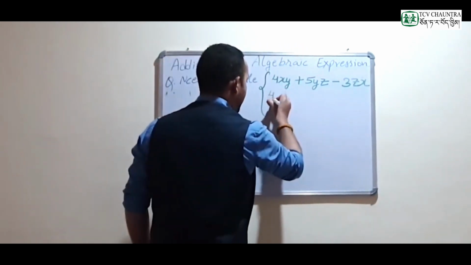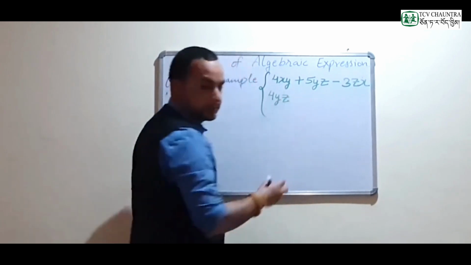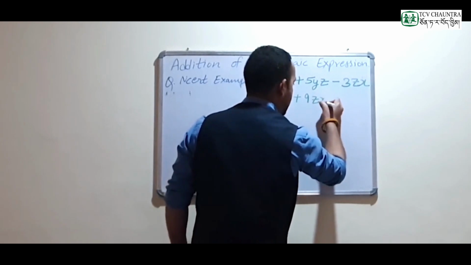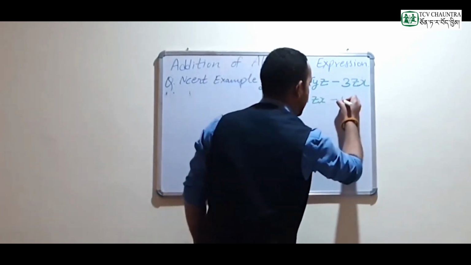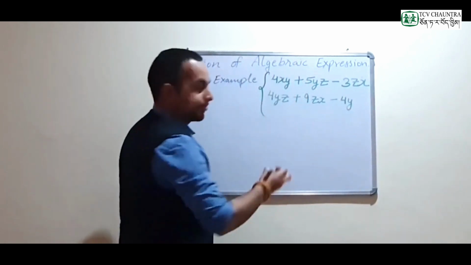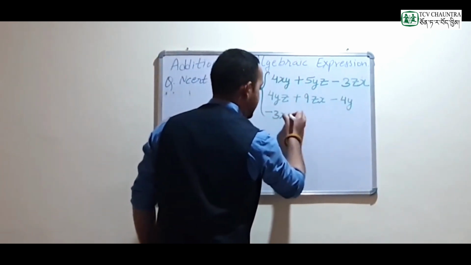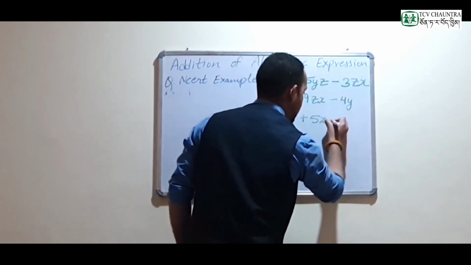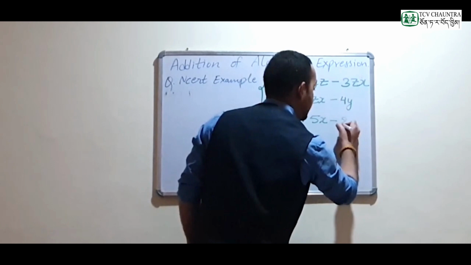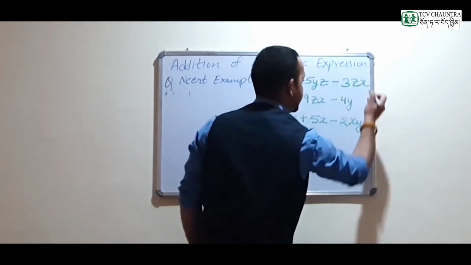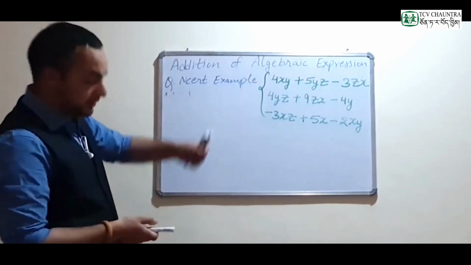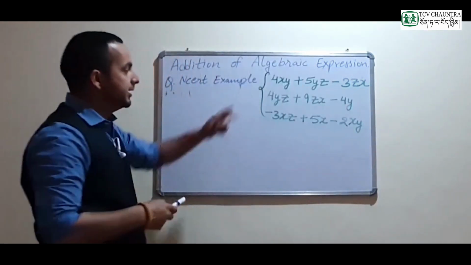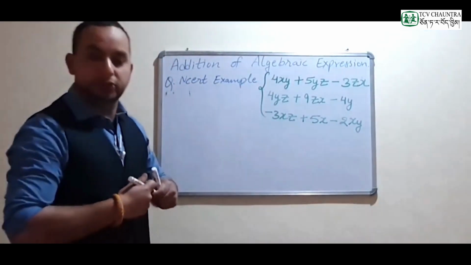Next, 4yz plus 9zx minus 4y. And next, negative 3xz plus 5x minus 2xy. So this is your NCERT example. Now we are going to add these three expressions in a row.